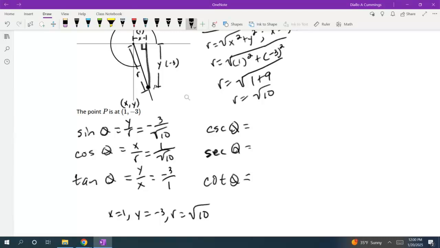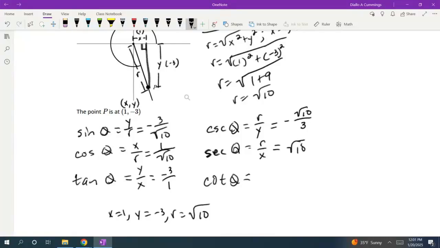The reciprocal of sine is cosecant. So I can reciprocate or flip this value over, right? The cosecant formula is r over y. So that's negative square root of 10 over 3. The formula for the secant is r over x.